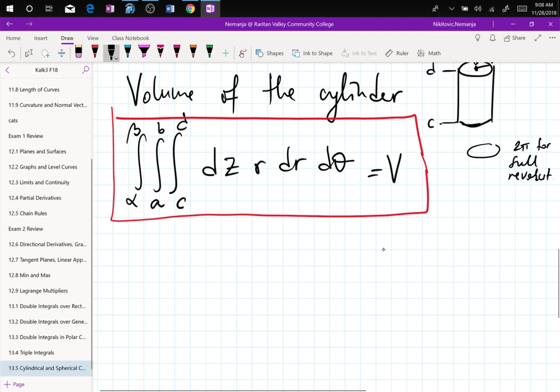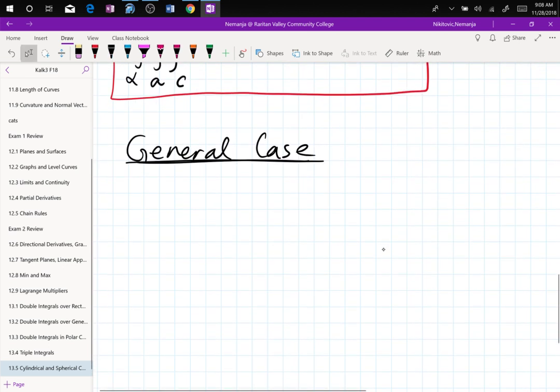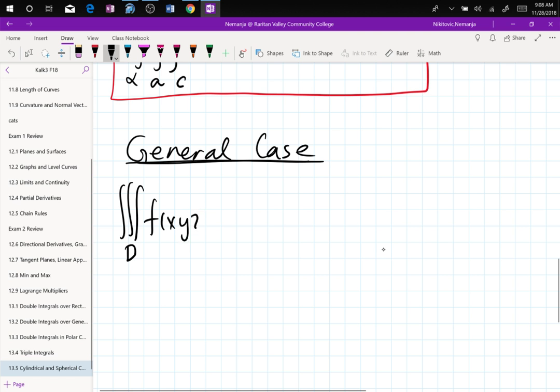Now let's talk about the triple integral in cylindrical coordinates. This is the general case, and this is the big equation that we are looking for. So the triple integral over D of the function f(x, y, z) dV.